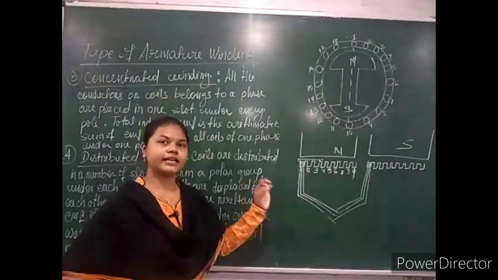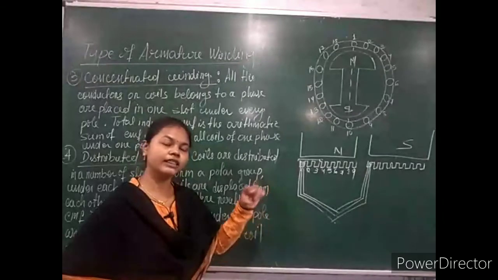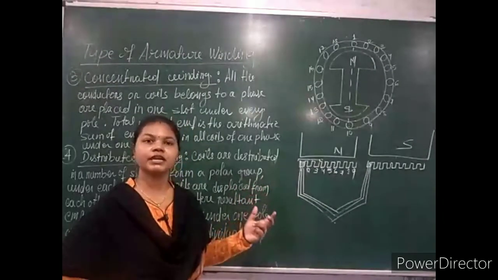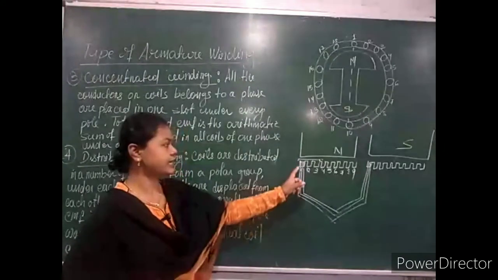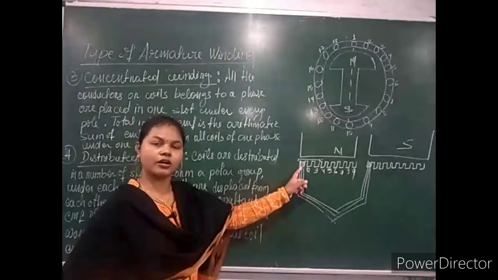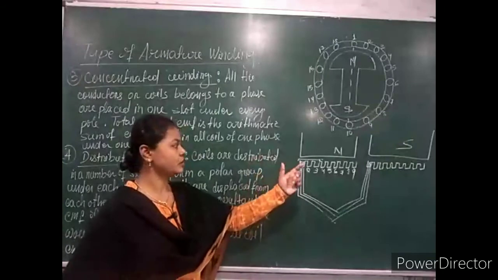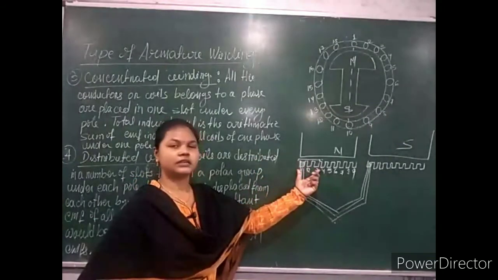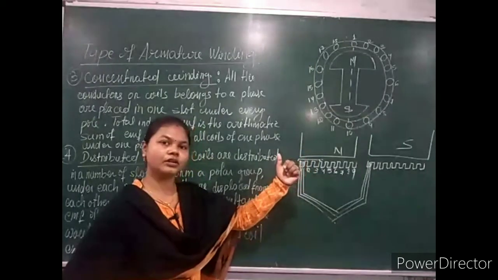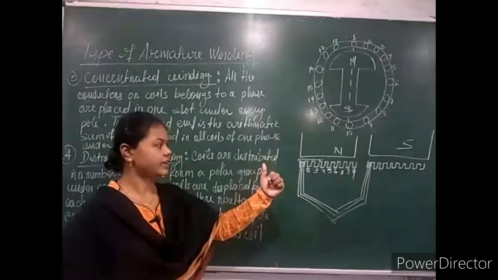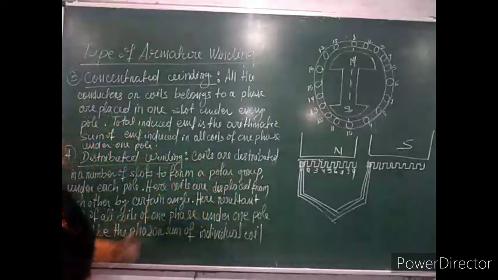Now you are clear what is concentrated winding? Again I say, in concentrated winding, all the coils that may have several turns or a single turn are placed in a single slot, belonging to any one phase under each pole. Clear? Then what is the second point?